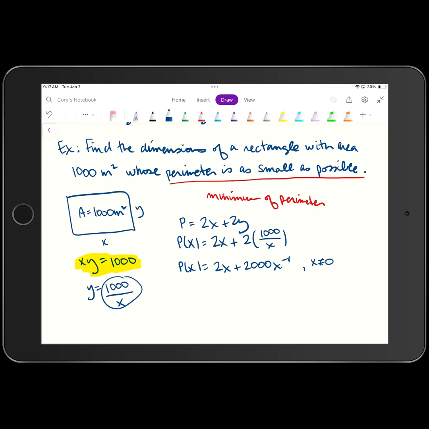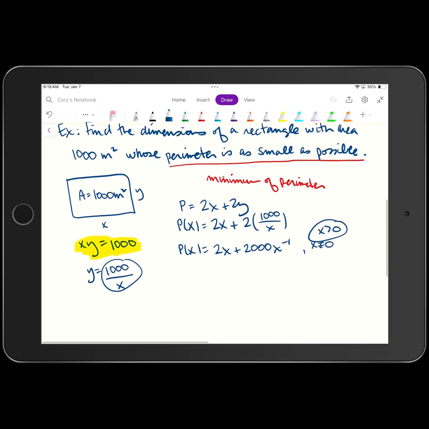But even more than that, because x represents a side length in this problem, we can't have negative side lengths for the sides in this rectangle. So we're going to instead say that x is strictly greater than 0. So x has to be some positive quantity here. Now we're going to keep that in mind as we work our way through this problem.